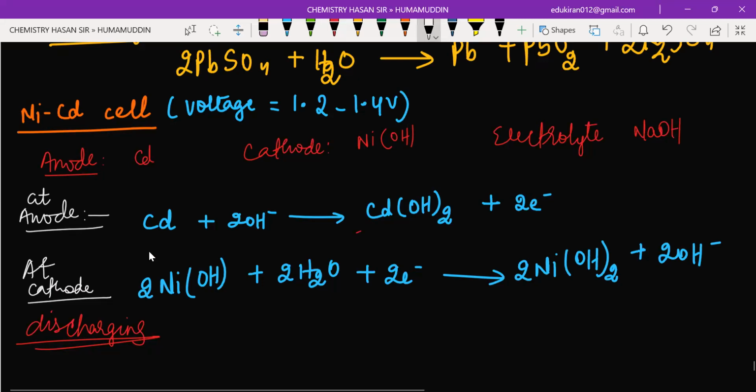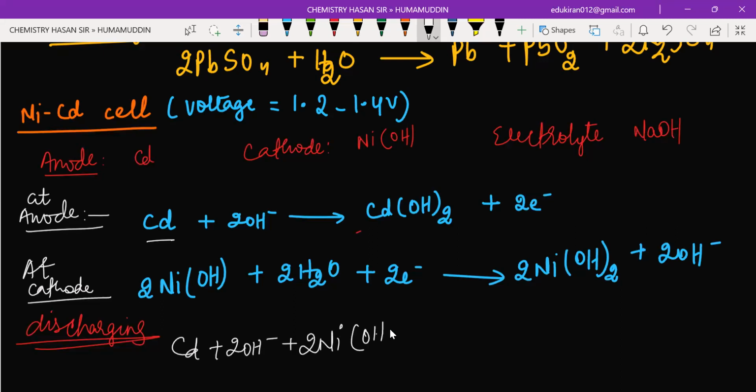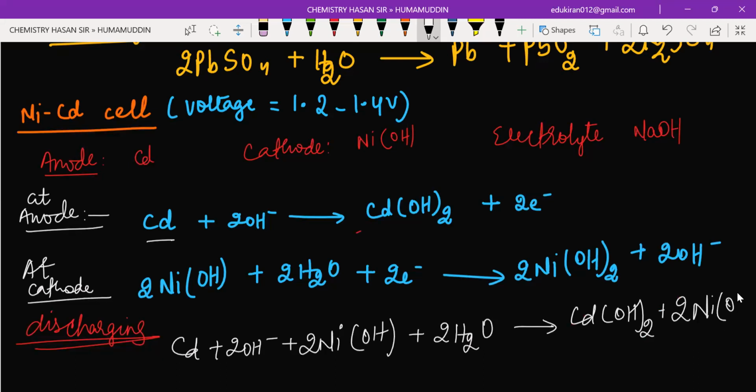You can see the left will be added to the left: Cd plus 2OH minus plus 2NiOOH and 2H2O is also there. Electrons will be cancelled and here it will be Cd(OH)2 plus 2Ni(OH)2 plus 2OH minus. And 2OH minus and 2OH minus will be cancelled, right? Yes, sir. So only this part is for discharging.